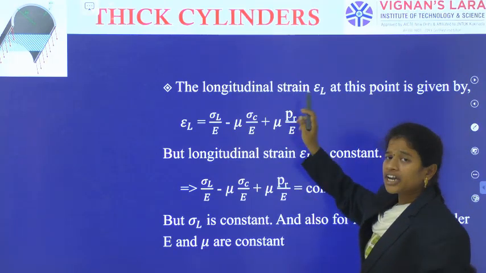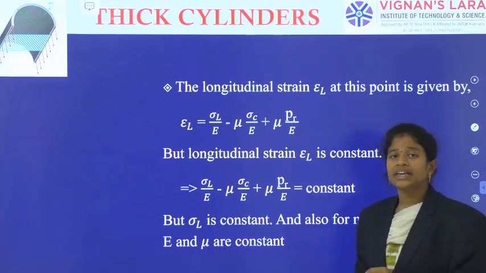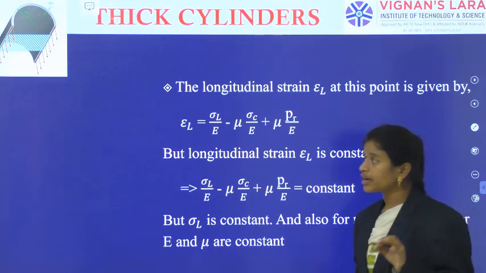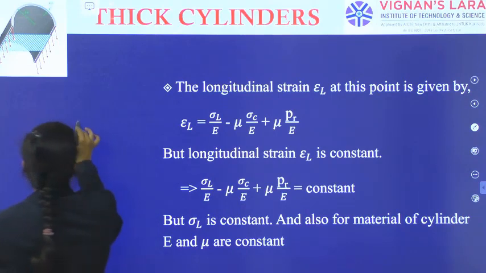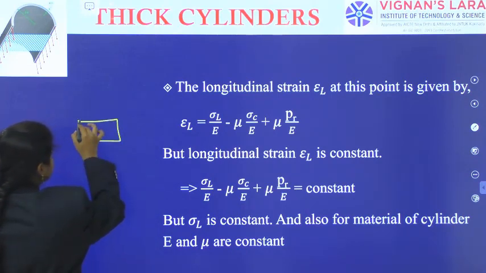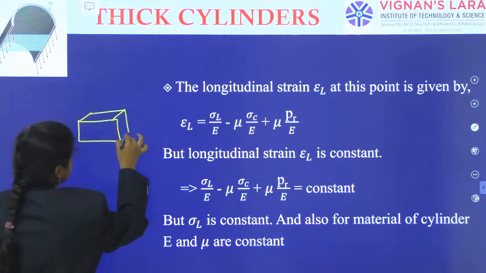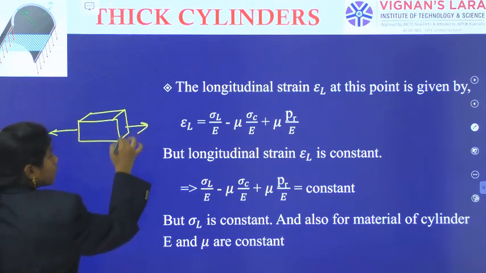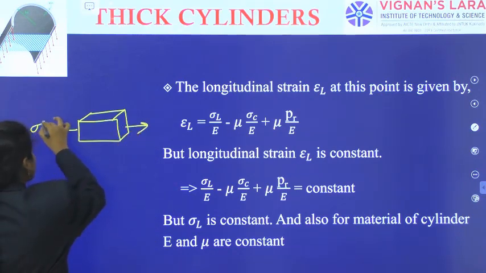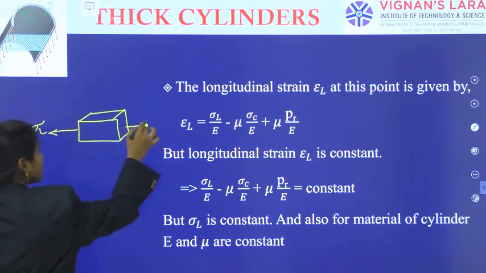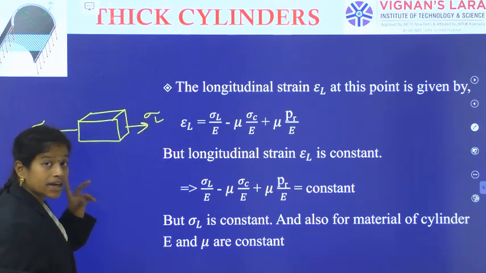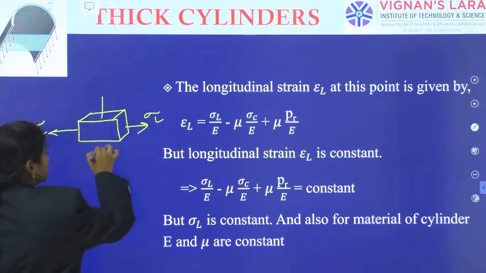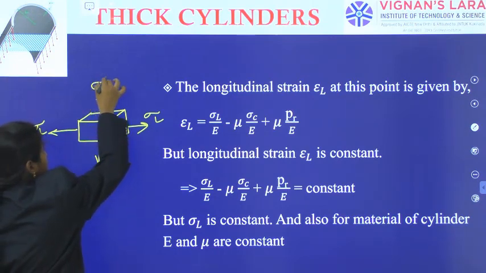So whenever you are calculating for any particular body, I observe three different forces acting. See here, I am considering a particular element. One is causing tensile, maybe it is sigma L. Another one is also causing tensile.